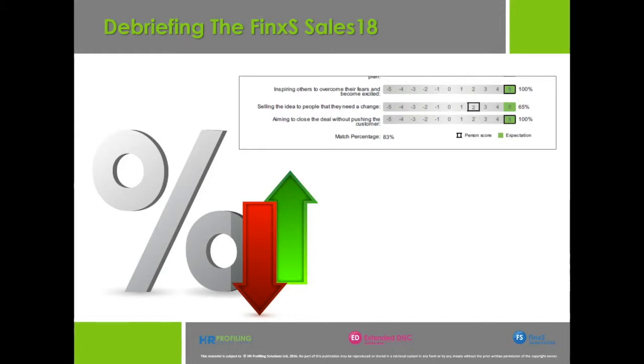So also, we have an overall percentage match, as you can see, but the sales report allows you to deep dive. So you can focus on some of the specific behavioural dimensions that show as a lower score. So this type of detail lets you drill down and focus on what might be needed to coach.